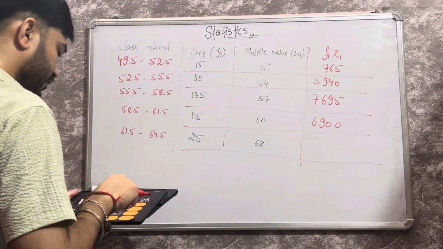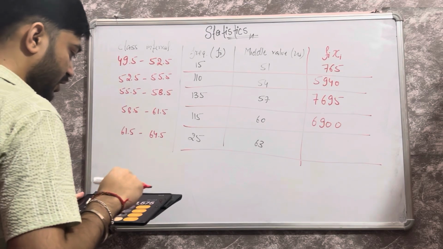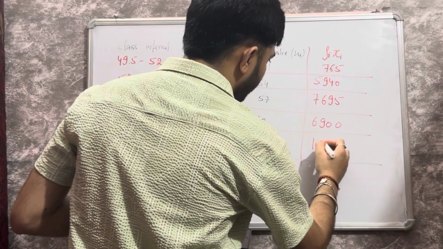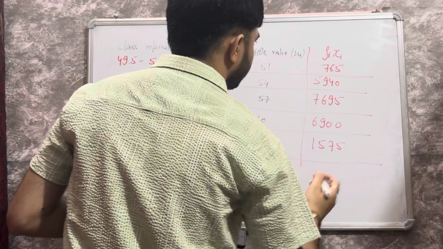And 25 multiplied by 63 is equal to 1575.